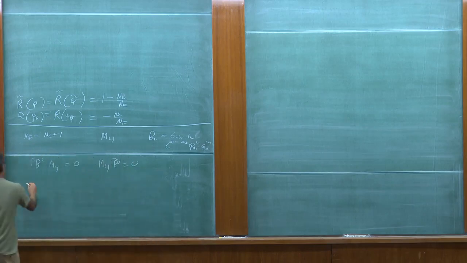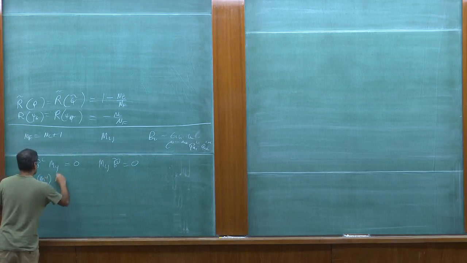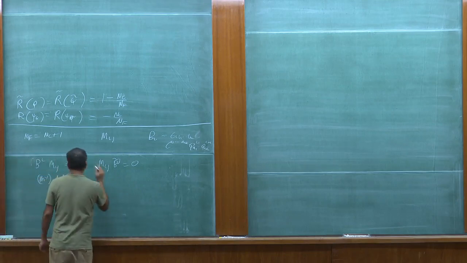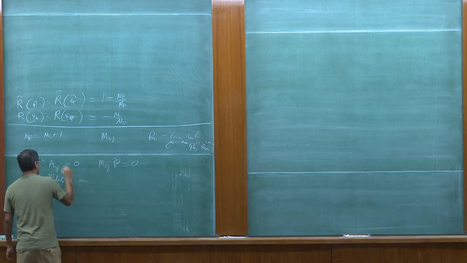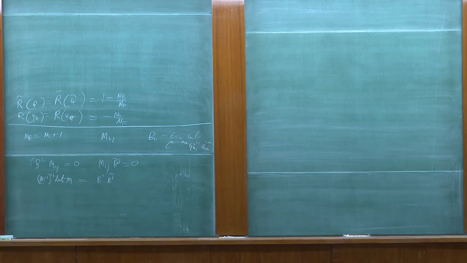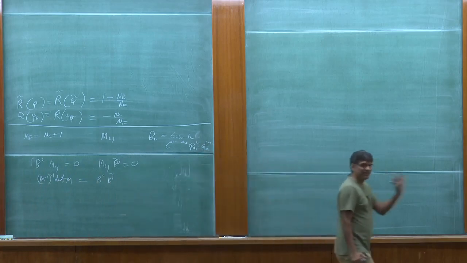And we also saw that the minor, M inverse times det M, was equal to B^i B tilde^j. I'm consistently keeping the indices of M down, B up, and M inverse up.